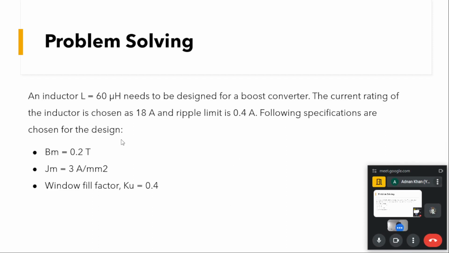Some specifications are given: maximum flux density is equal to 0.2 Tesla, and current density is 3 ampere per mm square. Also the window factor is 0.4.